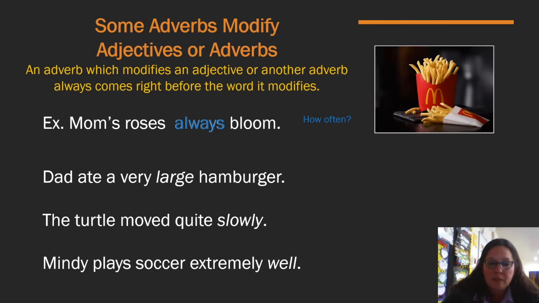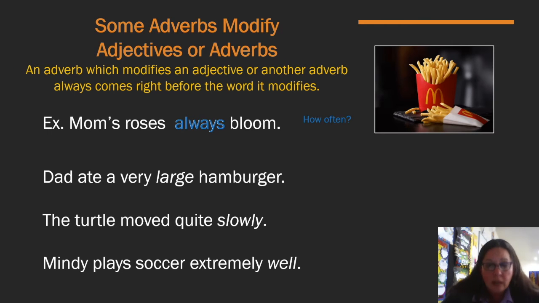And we have 3 sentences here where we're going to find the verb. We're going to find also some things that they can modify, adjectives and adverbs. So for instance, Dad ate. He ate a hamburger. But now we're going to do describing that hamburger.